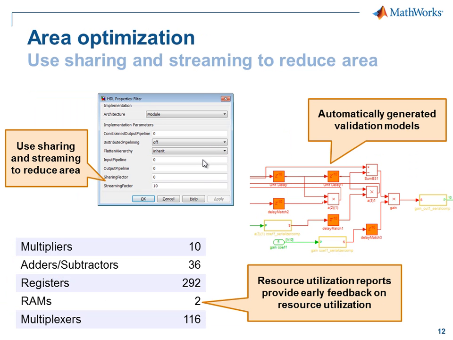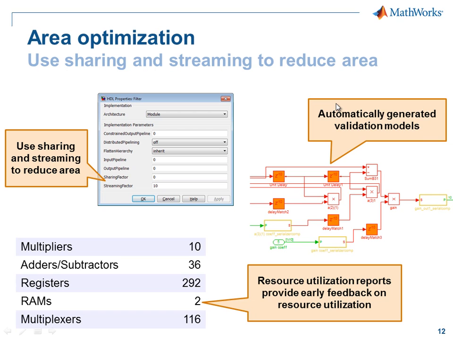And the last part of the demo was to use some of the area optimizations like streaming to have more area efficient implementations, where we used streaming, as I said.